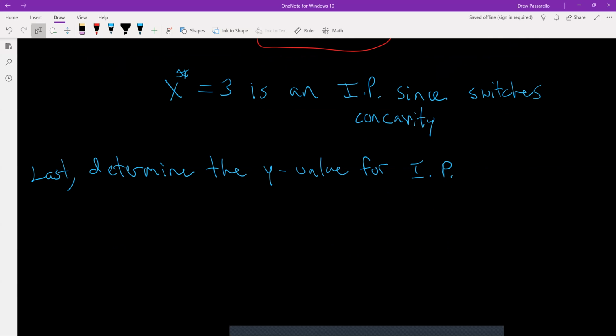For this, we use the original function because we were dealing with the original function's y coordinate. So the original was f of x equal to x cubed minus 9x squared plus 24x minus 18. That was the original function.